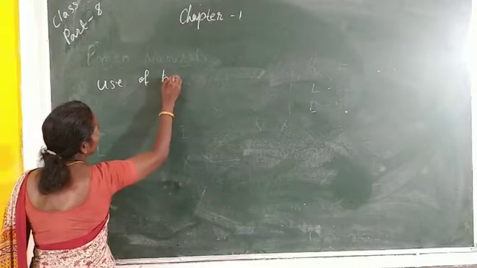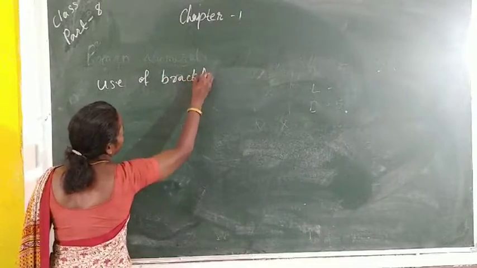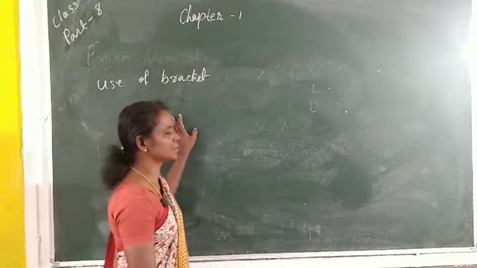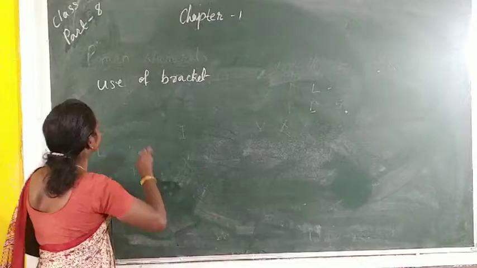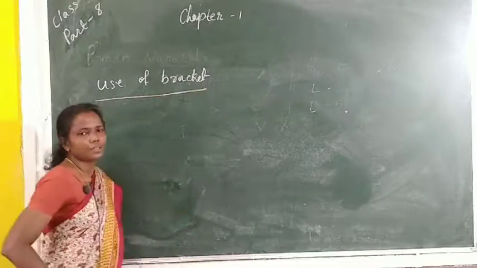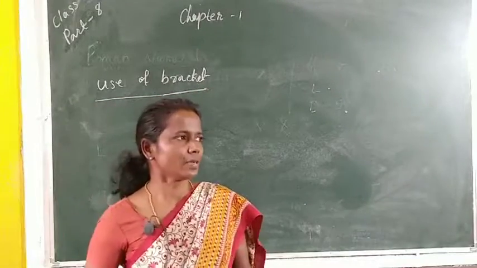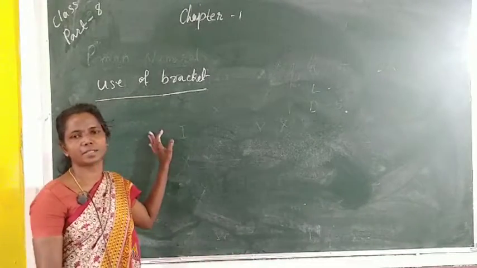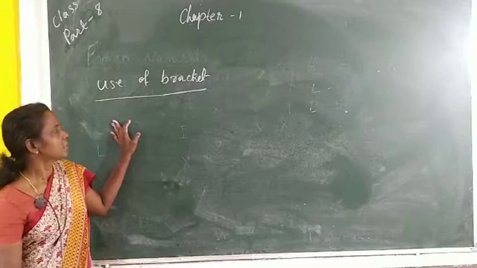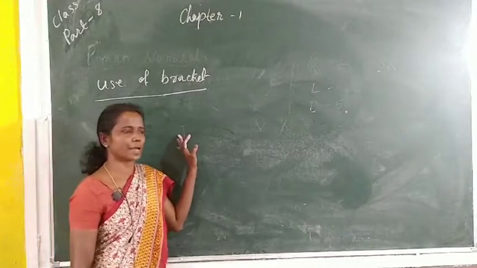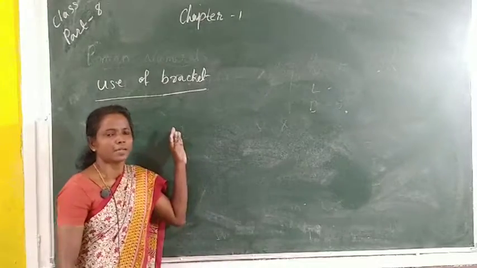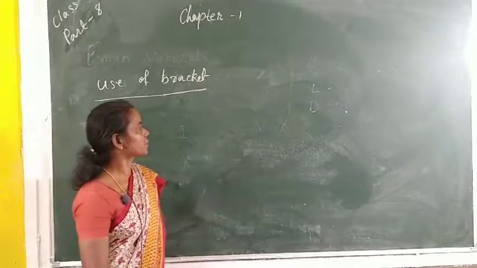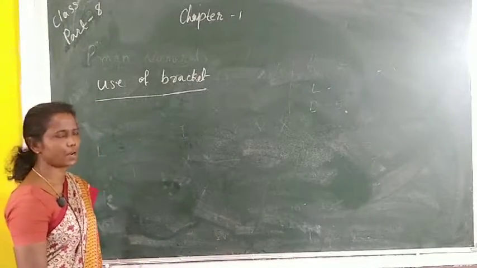The next topic is the use of brackets. When we simplify an equation, that is, when we solve an equation that contains brackets, first we solve inside the bracket into a single number and then do the operation outside.